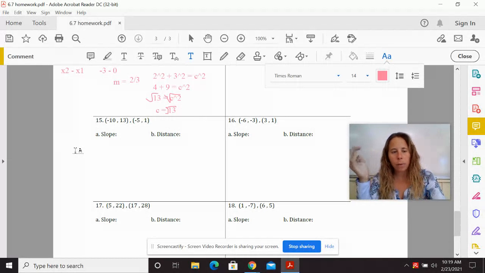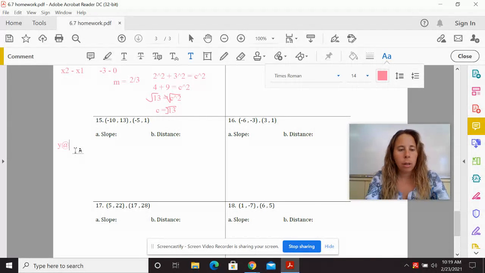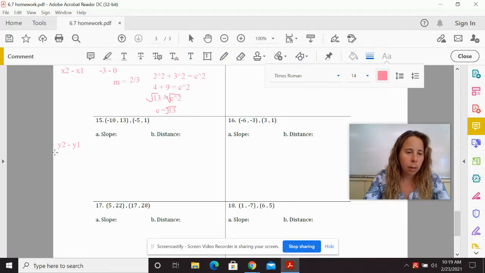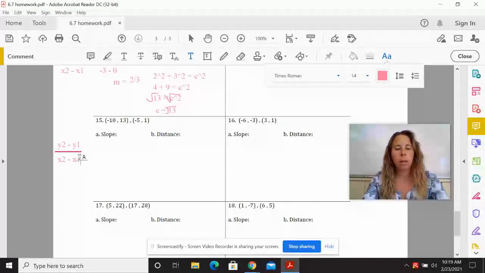So change in y over change in x, or y2 minus y1 over x2 minus x1.